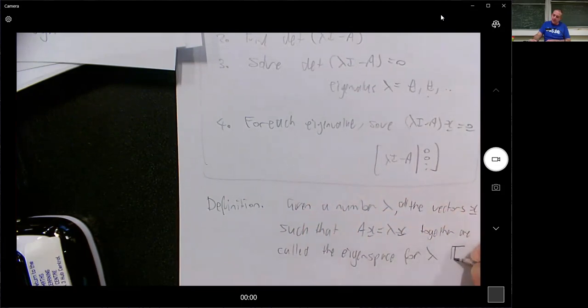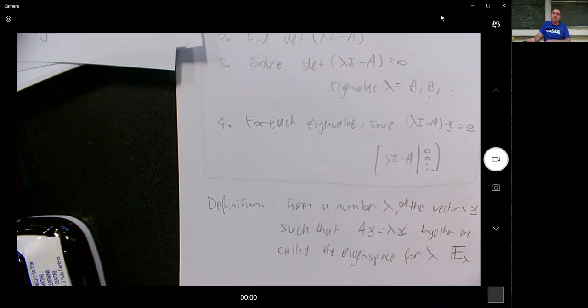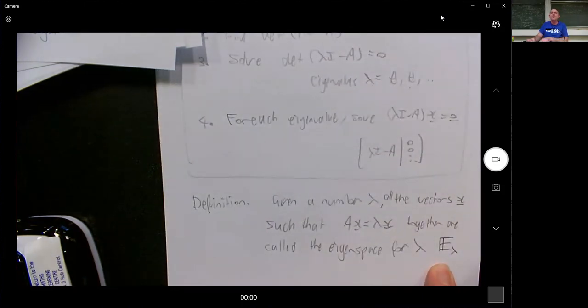And I think your lecturer denoted it like this, with a blackboard bold E.